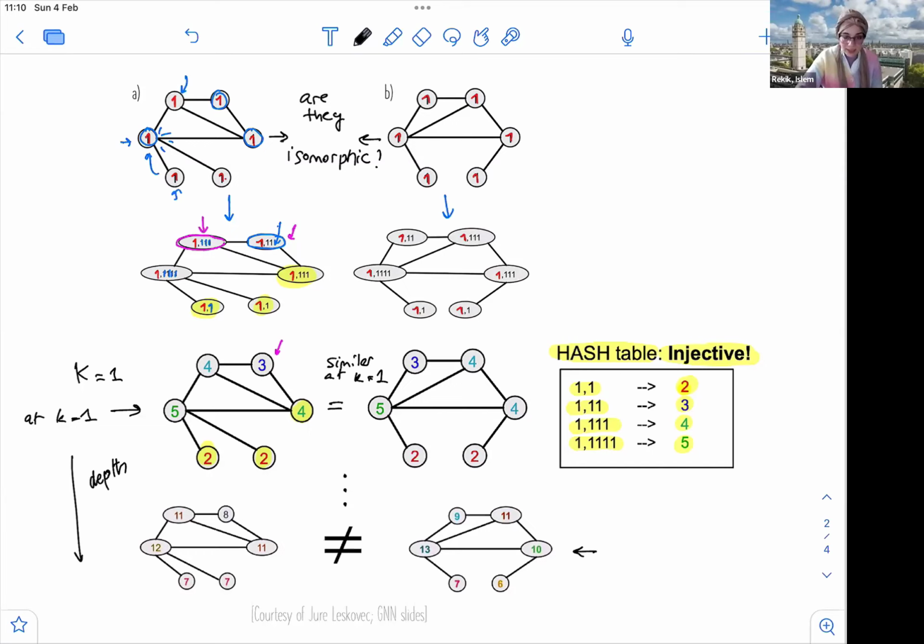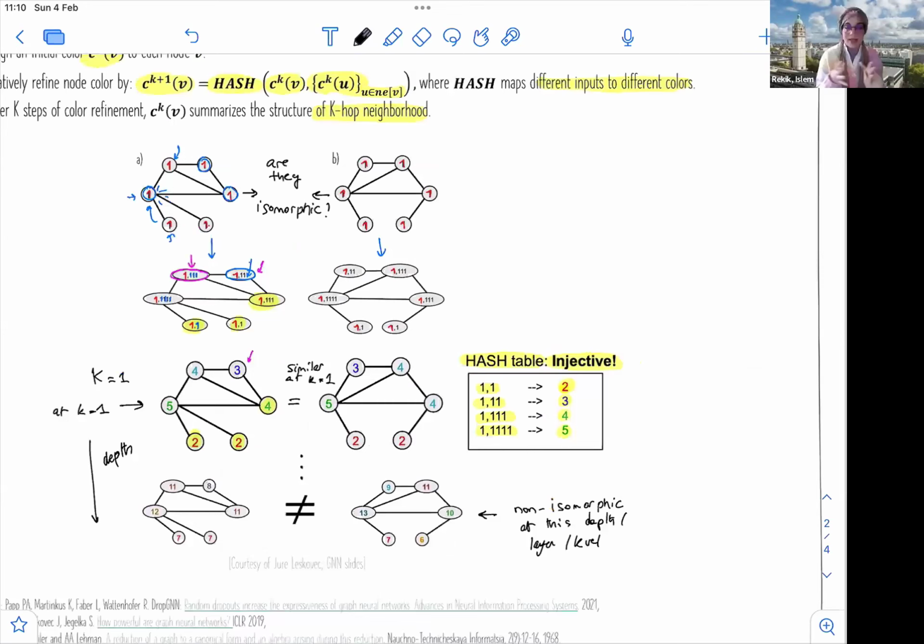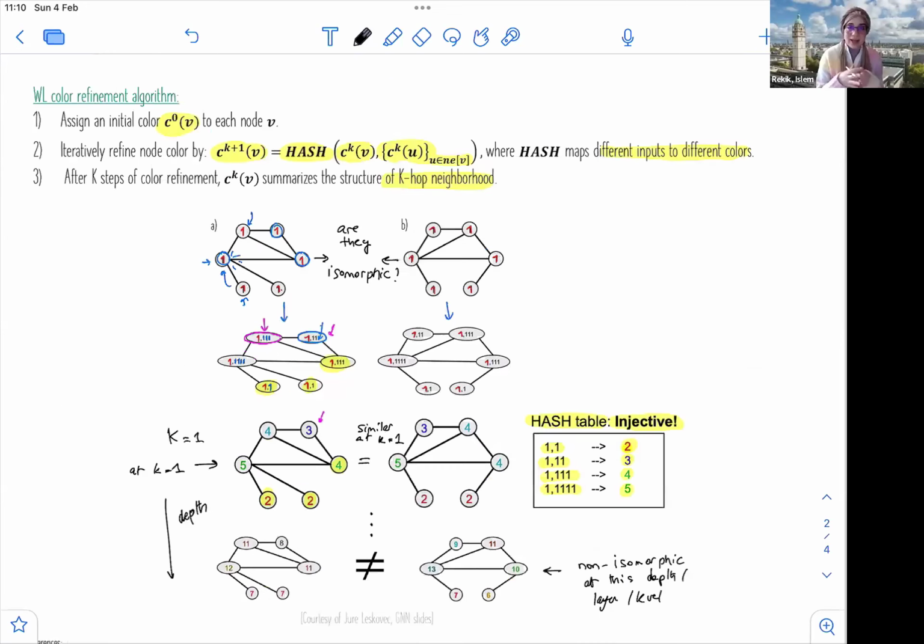So in this case, we say that these are non-isomorphic at this level, at this depth, or we can call it layer, also level. So this is a simple example, but you guys can play with this, and this is the key idea. All you need to understand is just the key principle of this WL color refinement algorithm.